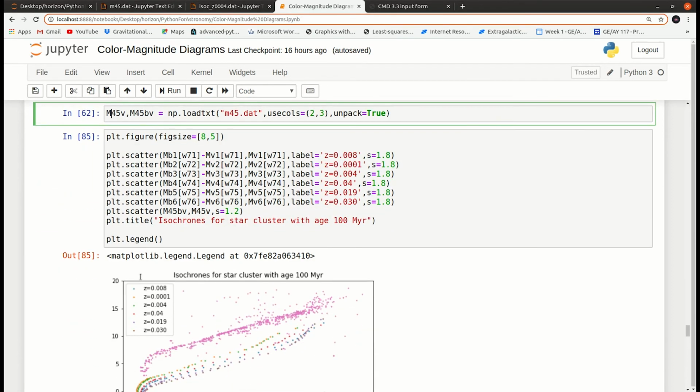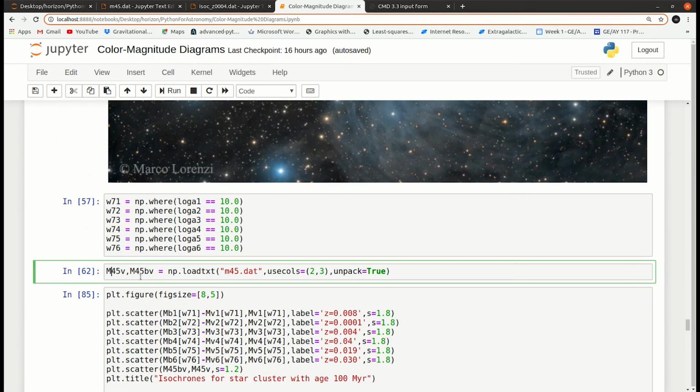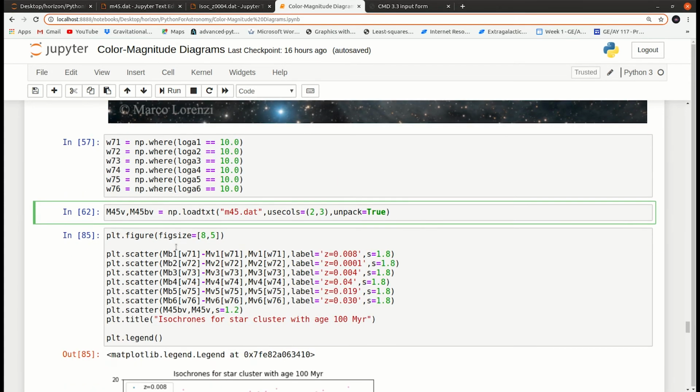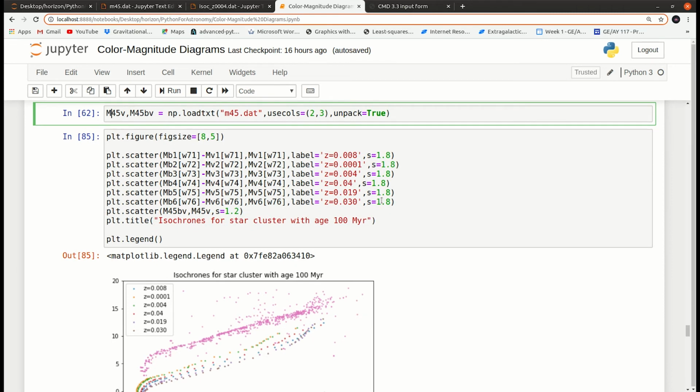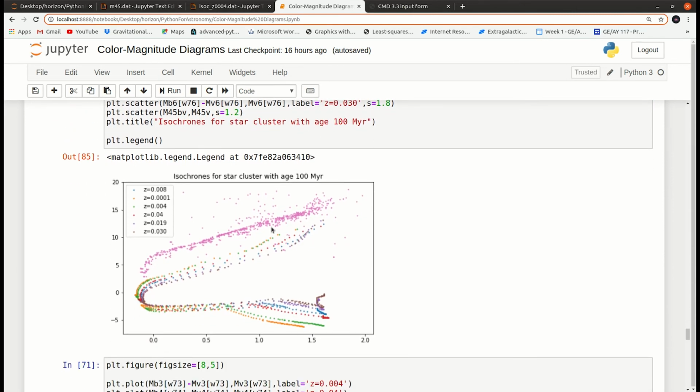Now I am looking at a star cluster age of around 100 million years. Initially this is just guesswork. My aim is to find the distance and the age of this cluster. So let's keep an age of 100 million years and see what it looks like. I'm plotting for various metallicities for an age of around 100 million years. It looks something like this.